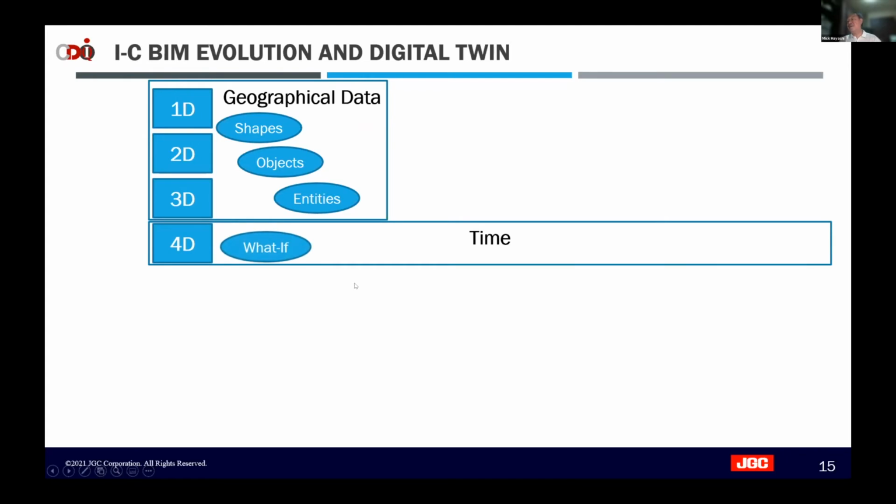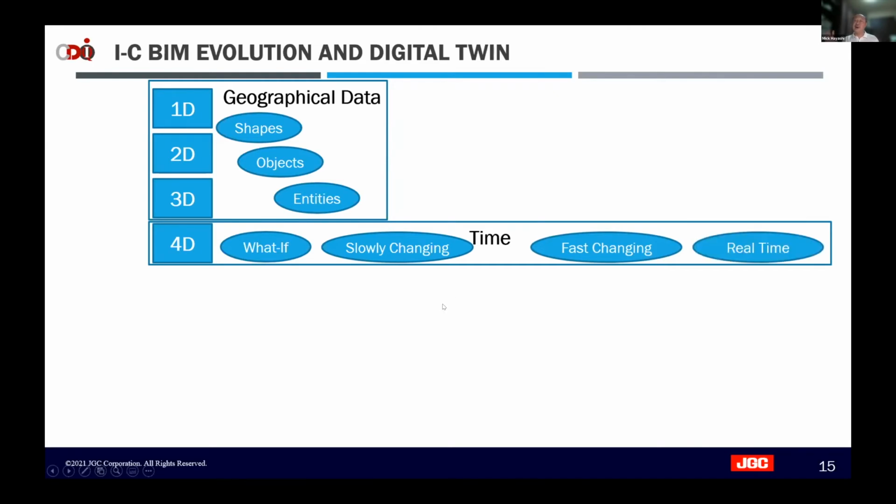Then we can carry out what-if analysis, and incorporate slowly changing events such as building foundation, structures, piping, and installing equipment, which are events of one day or a few weeks or a few months. It's still slow. But we can also have fast changing events, in minutes or maybe seconds. And then we can have real-time events, which can be in the microsecond world.